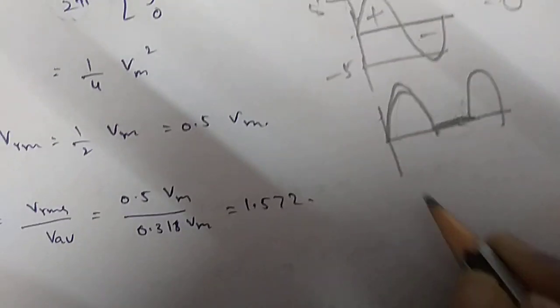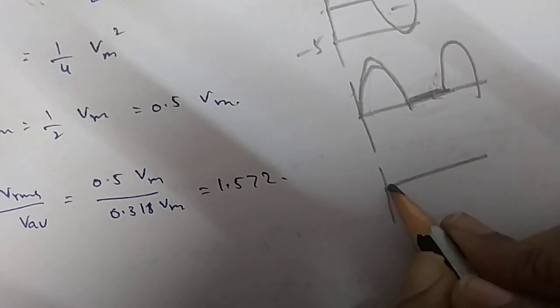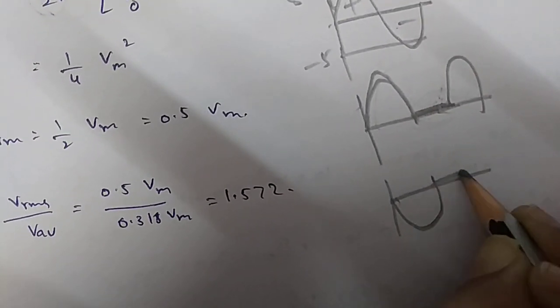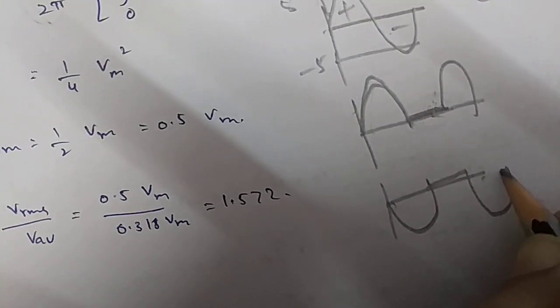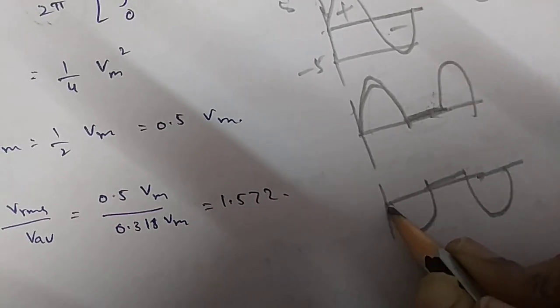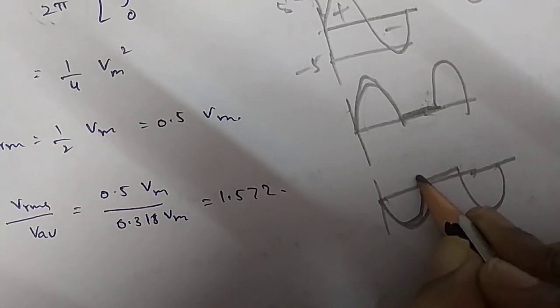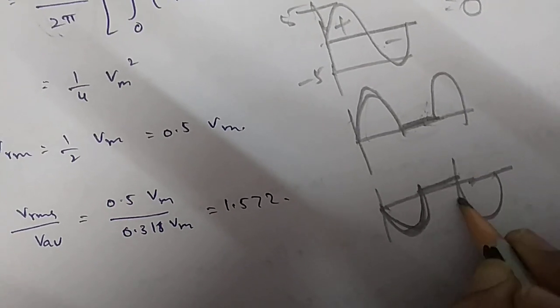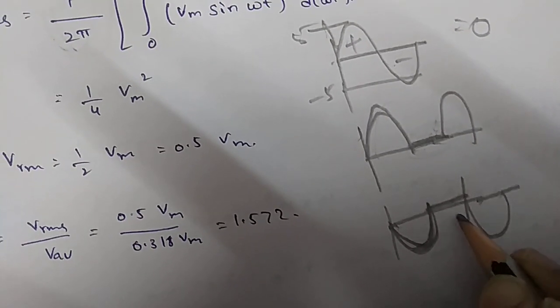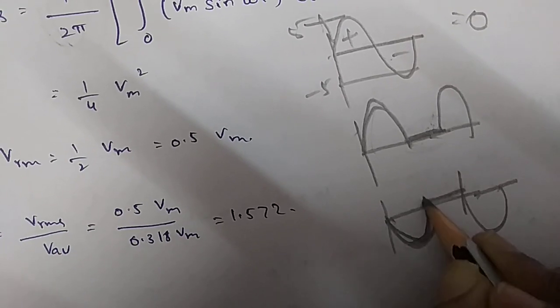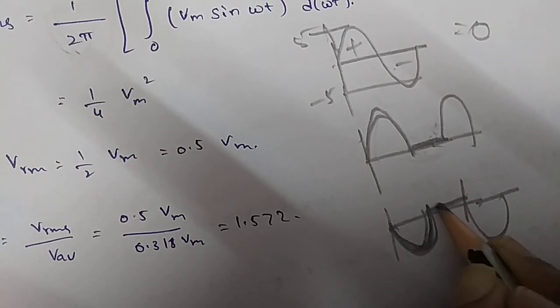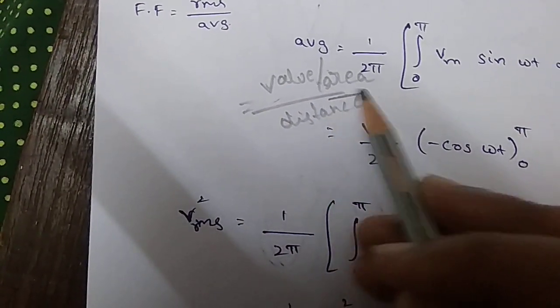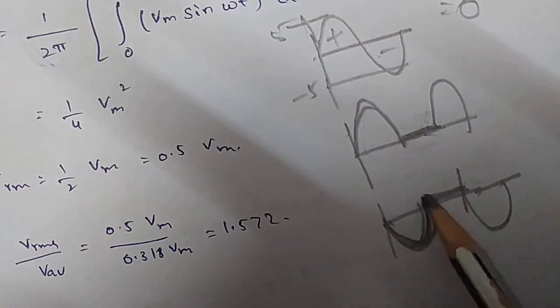Similarly, for the negative part, the area under it is 0.